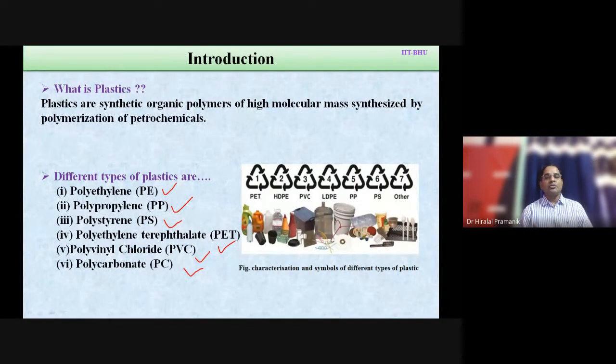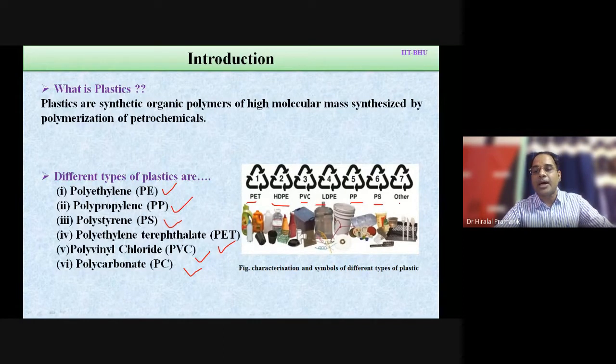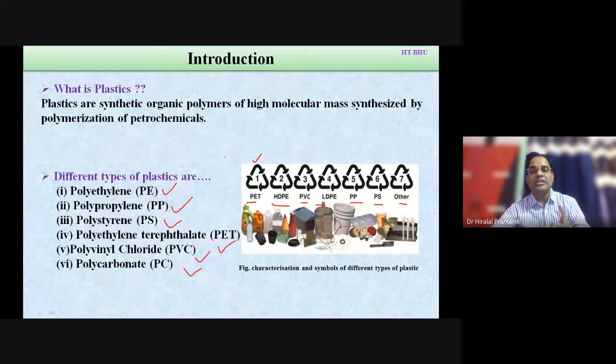So if you ask what plastic is, plastics are synthetic organic polymers of high molecular mass synthesized by polymerization of petrochemicals, like the hydrocarbon monomers that I told you about. These are the various plastics like PET, HDPE, PVC, LDPE, PP, PS, and others. They are designated by certain numbers. If you see a bottle with number 1 written within this symbol, then it's PET, polyethylene terephthalate.